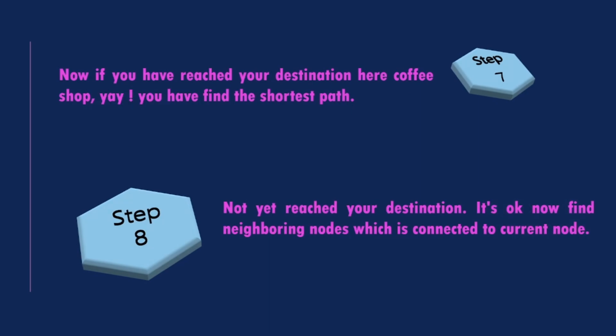Next, step 7. If you have reached your destination, here the coffee shop, yay, you have found your shortest path. But what if you didn't? I'll give you an example: this is the start node, this is A, this is B, another one C, and then you reach the goal node.